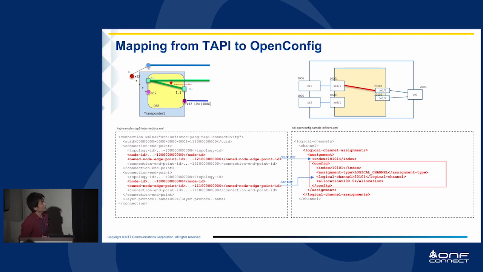In this example, the first connection endpoint is for the client side and is mapped to the OpenConfig logical channel, on the right side. And the second connection endpoint is for the line side of the connection and is mapped to the OpenConfig logical channel.